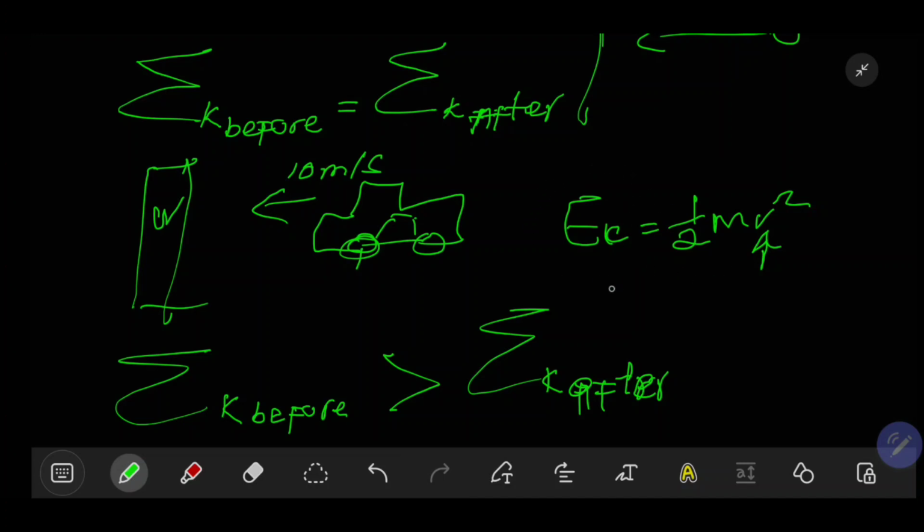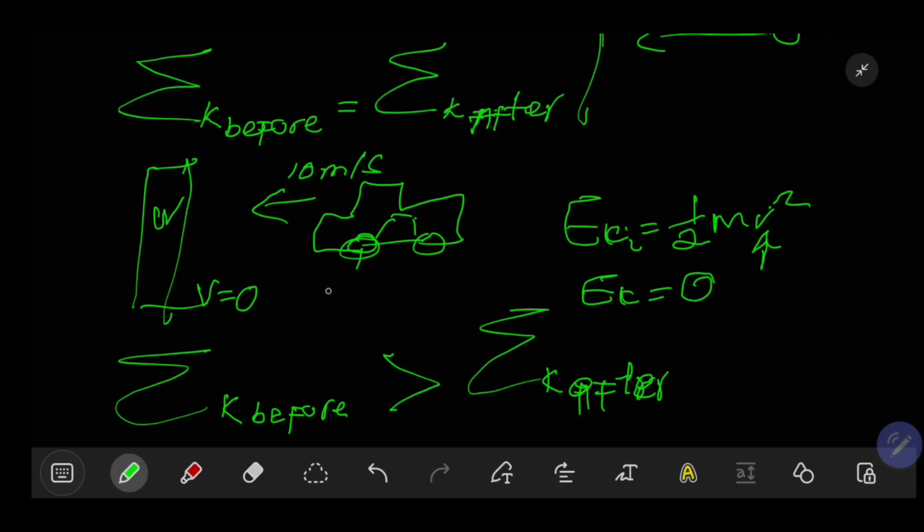But in the final position, the wall will bring the car to a stop as they crash into each other, and then our velocity for the car will be 0. When you substitute 0 here, you can see that it becomes 0 kinetic energy.